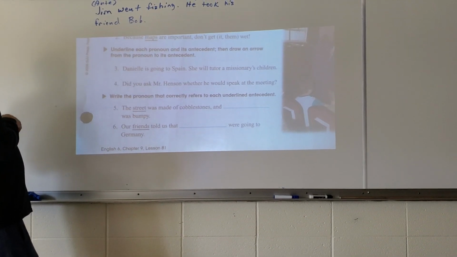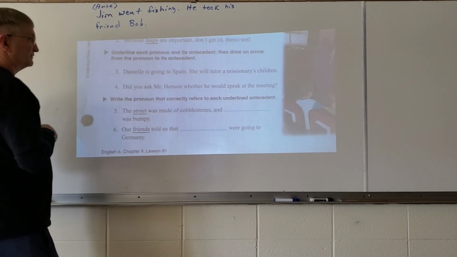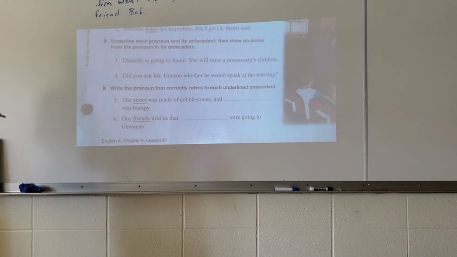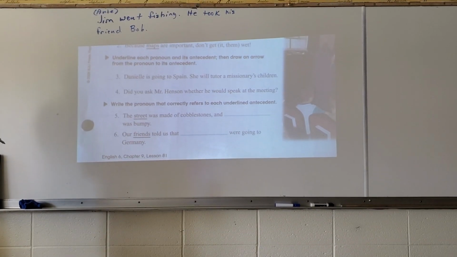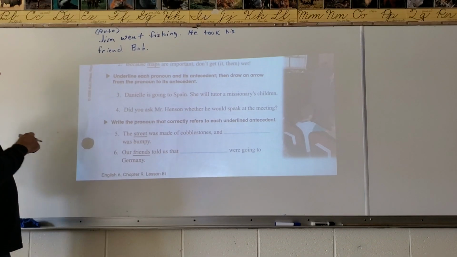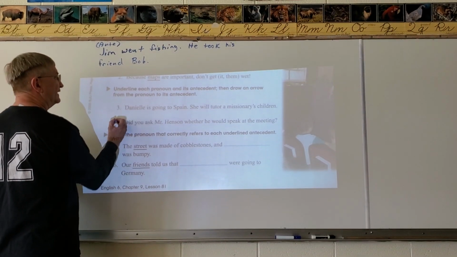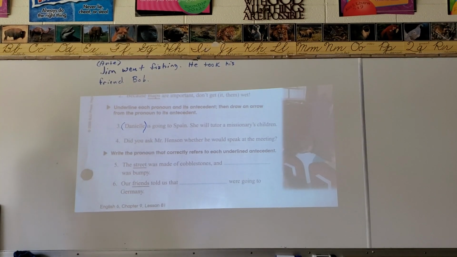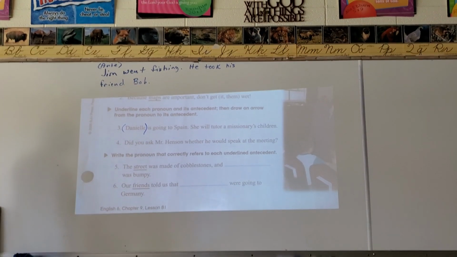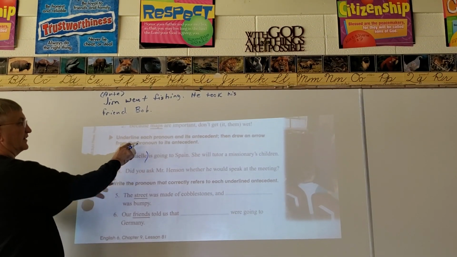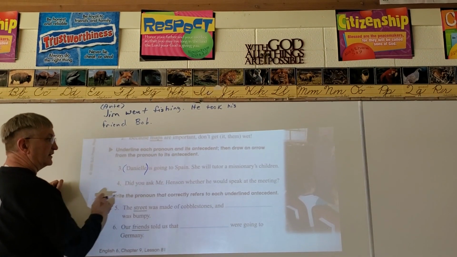It says underline the pronoun and its antecedent. All right, so what we're going to do is then draw an arrow from the pronoun to its antecedent. We're going to do the same thing we did before. It says Danielle, and so Danielle is going to be my antecedent. So what I'll have is I'm putting parentheses around that. All right, then is going to Spain. Now, the second part here says underline the pronoun and its antecedent.